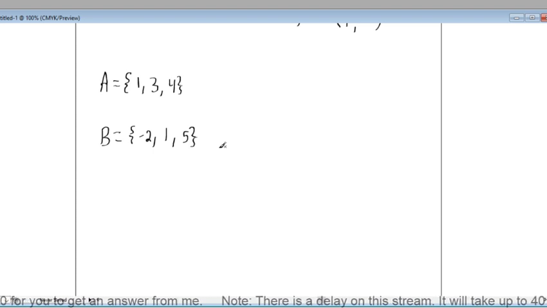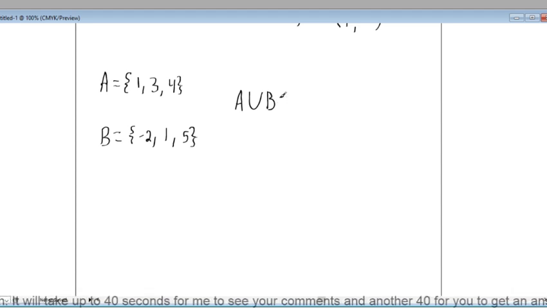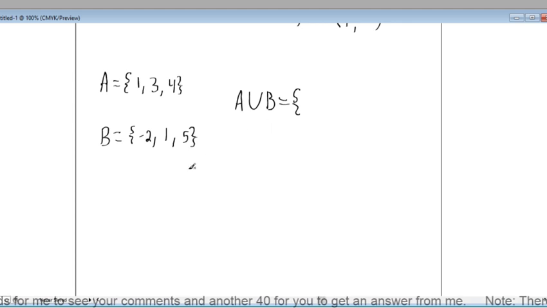So if we were to use union on this, again, it would glue both of these things together into one single set. So let's say we have A union B. Union is going to take these two things and glue them into one set. So we now have a new set where we have all of these numbers, making it one single idea.